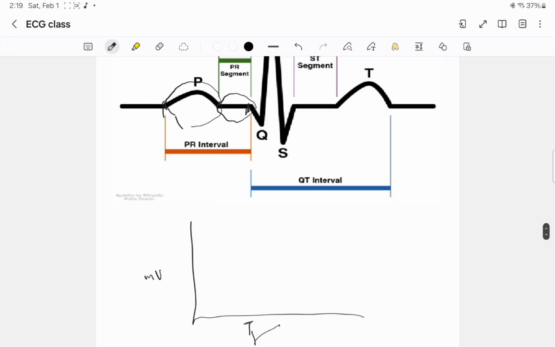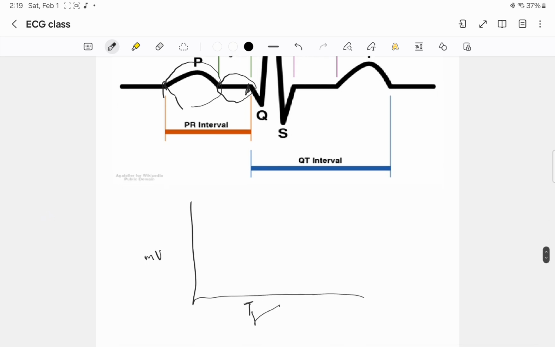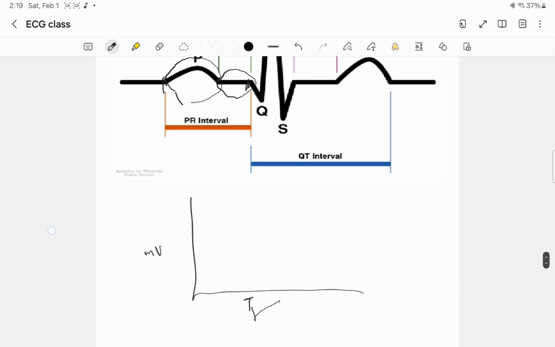So it is the time taken from the beginning of atrial impulse generation, right? Its entire period of time to propagate through the atrium, as well as the time taken for the delay that occurs normally inside the atrioventricular node, right? And the total time that this process takes before activating the ventricles.